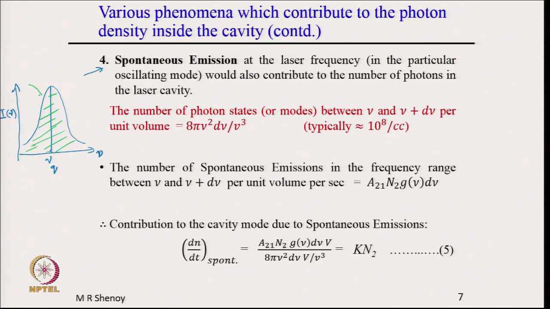So, this is the atomic transition. There is a finite width. We have discussed all these in detail earlier. Therefore, although spontaneous emission comes over the entire frequency range, the spontaneous emission which comes exactly at nu q will also contribute to the number of photons in the cavity mode.